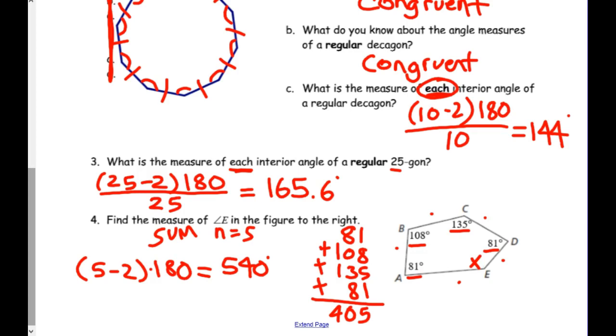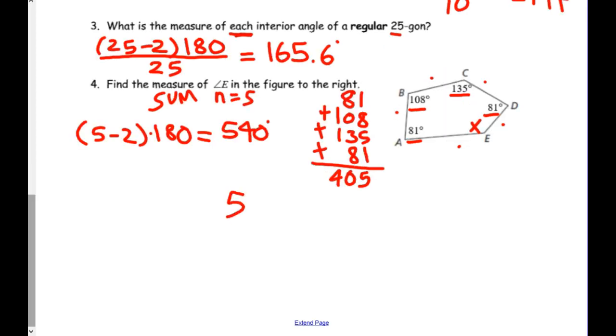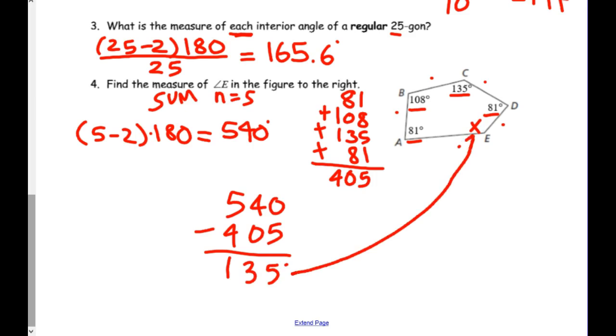I got my total, 540. And all I do is subtract those two. So 540 minus 405 gives me what? 135 degrees is going to be my missing angle. Do you see how we had a couple steps on that one?